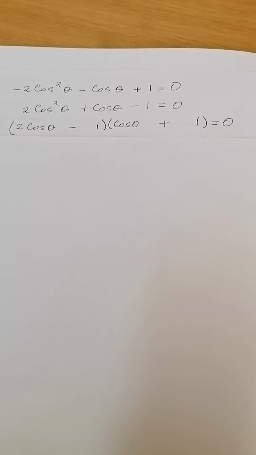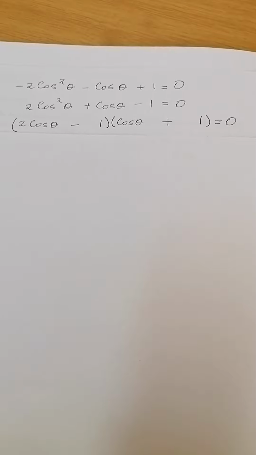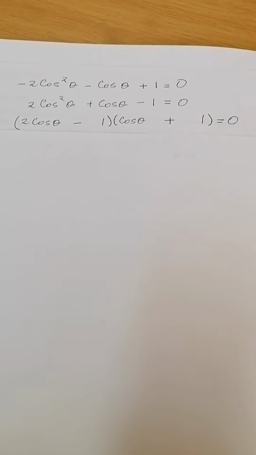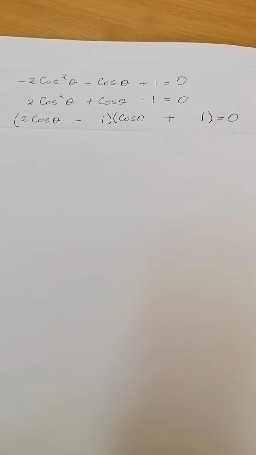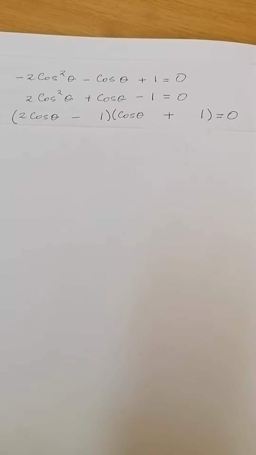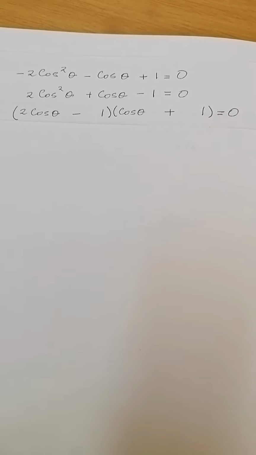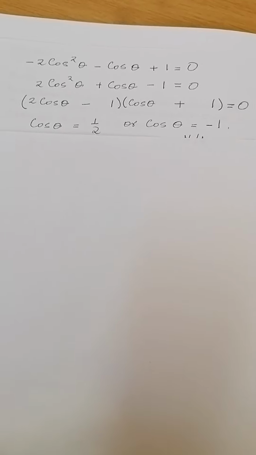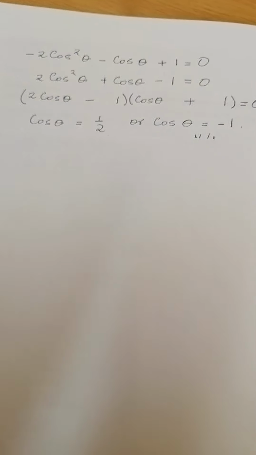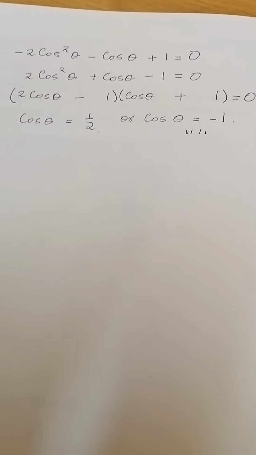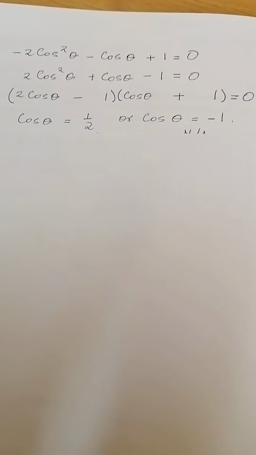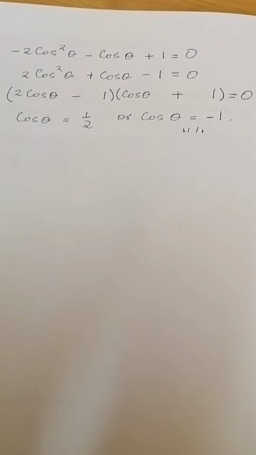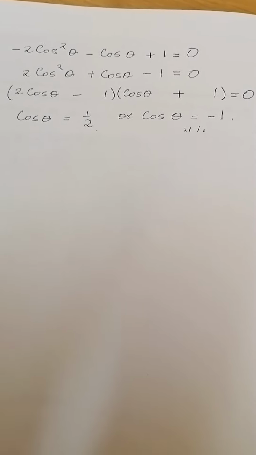When you factorize, you get 2 cos theta minus 1 into cos theta plus 1. Then now you write cos theta as the subject of the formula. Cos theta is equals to half, or cos theta is equals to -1.